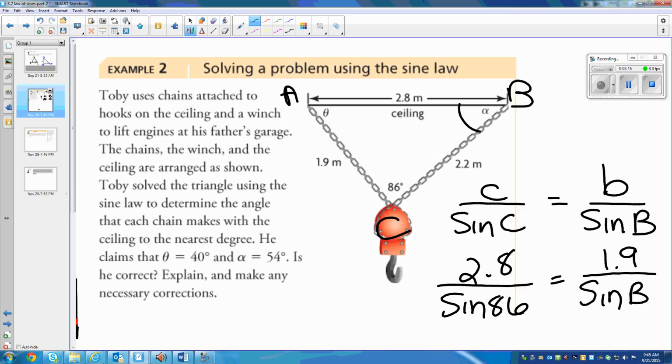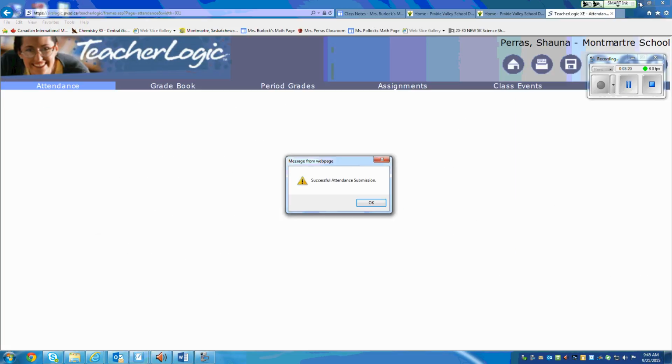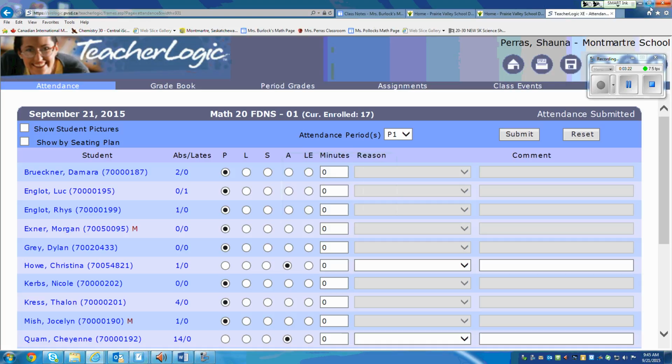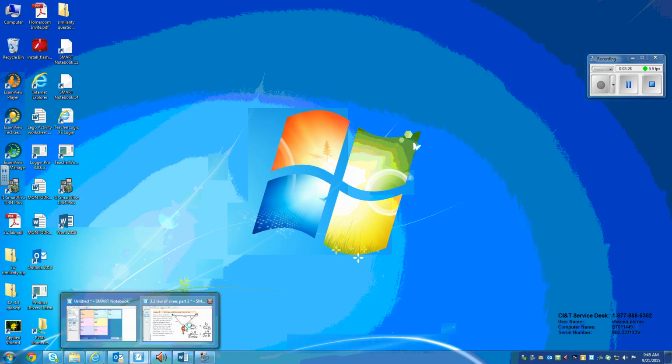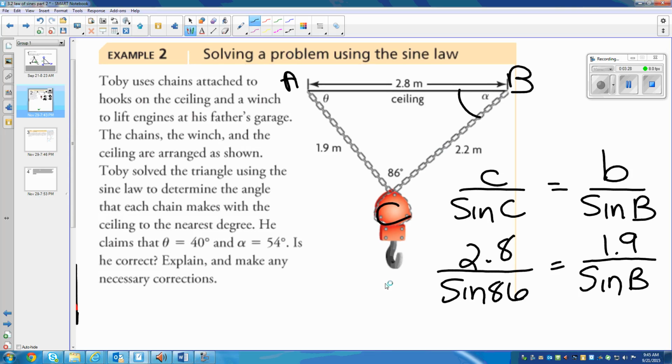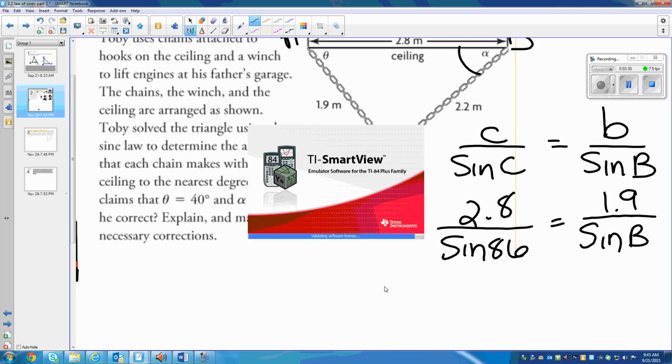So now I'm just going to cross multiply and solve. We go 1.9 times the sine of 86 is equal to 2.8 times the sine of B.